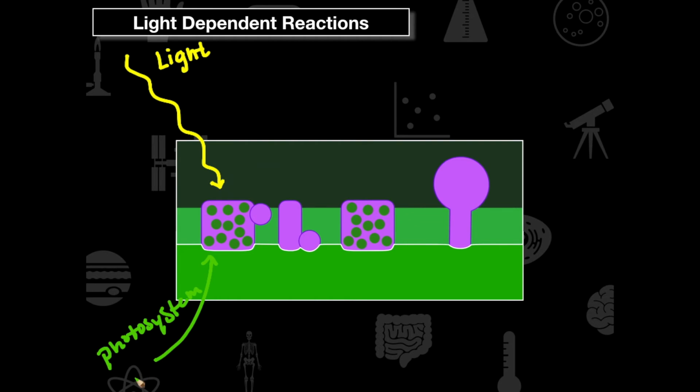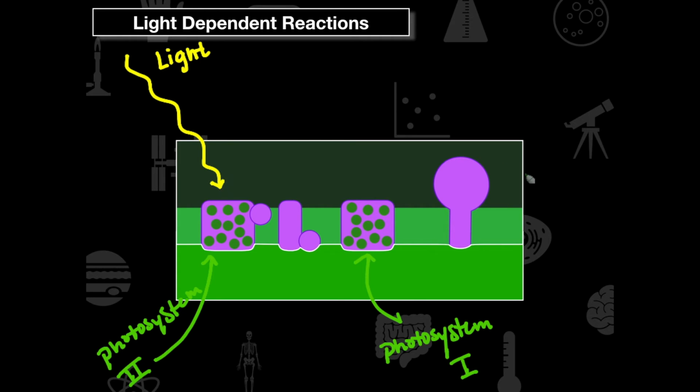And then this other square complex here is photosystem 1. Now the reason this one is called photosystem 2 and this one photosystem 1 is because photosystem 1 was actually discovered first, before photosystem 2 was discovered.